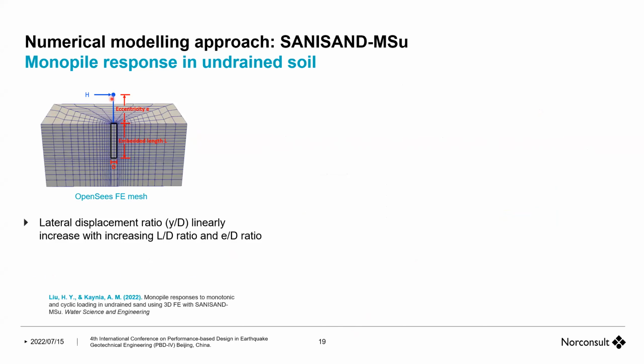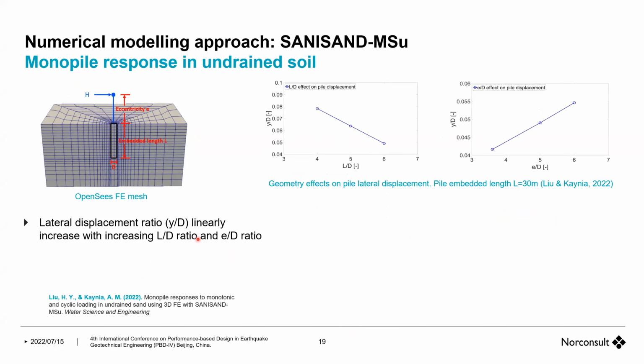Effect of eccentricity and just a sensitivity as the load, because in offshore wind, the load is further up. And as you can see, this is the effect of length of the monopile. As the length is increased, linearly, there is a reduction in the displacement on the surface here.